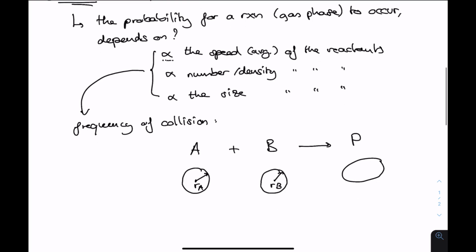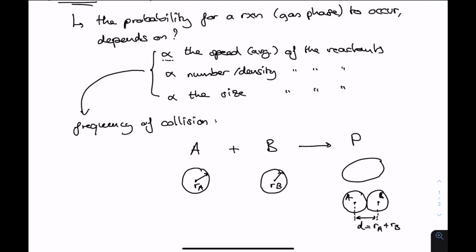How much larger, we don't really know, but what is important is the reaction cross-section. If we imagine A and B to be in contact, this is A, this is B, and we look at their centers, we can look at this distance. That distance, d, is simply the radius of A plus the radius of B.